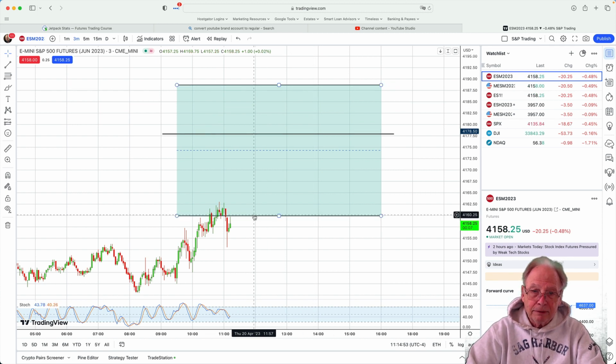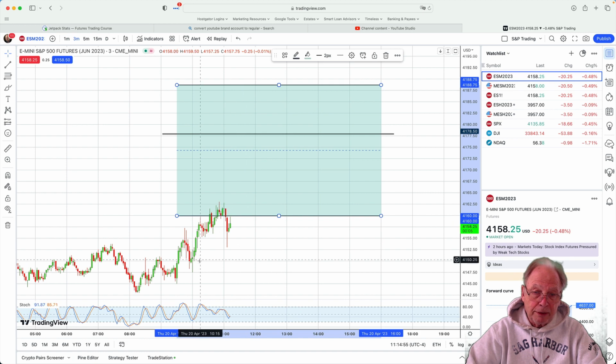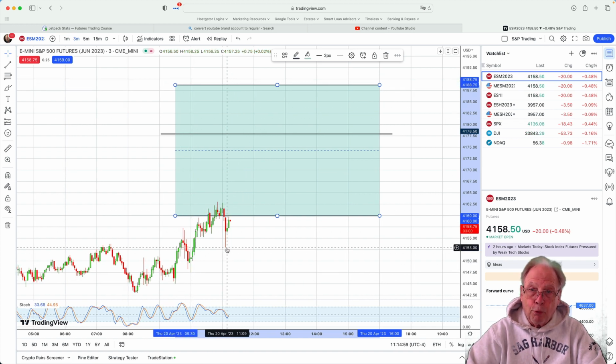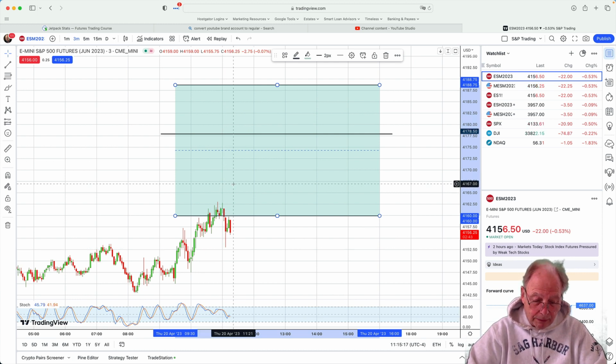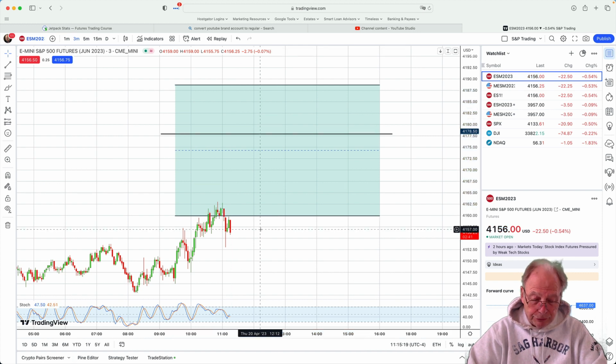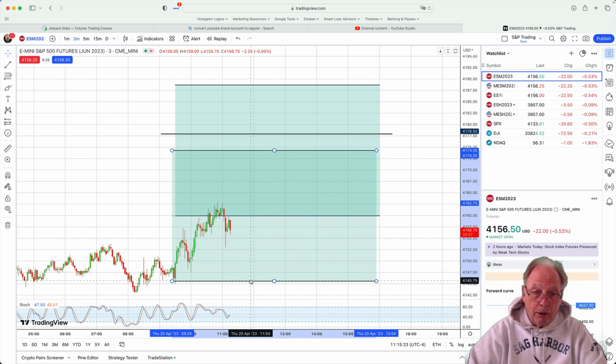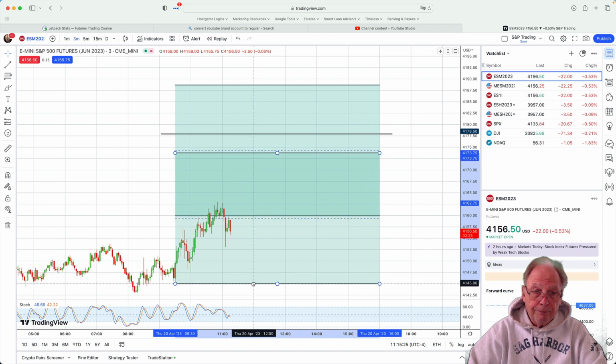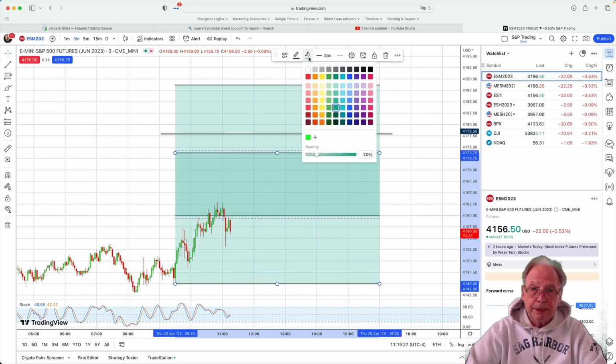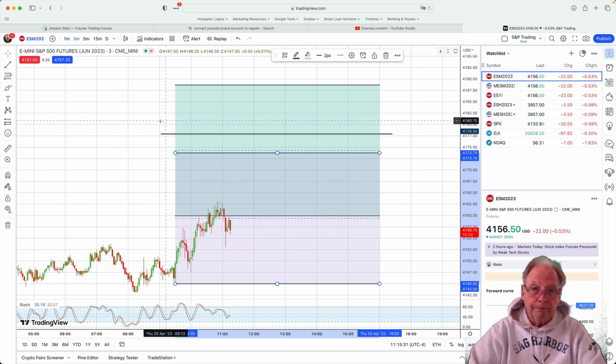Using the Taylor numbers, I can transpose this because I know that typically if the market is going to trade 30 points, Taylor numbers are particularly accurate for the range. Now, this range is 30 points. And what I'm going to do is clone this chart. I'm going to copy it, and bring it down to the intraday low, which is right over here. I'm going to change the color to purple.